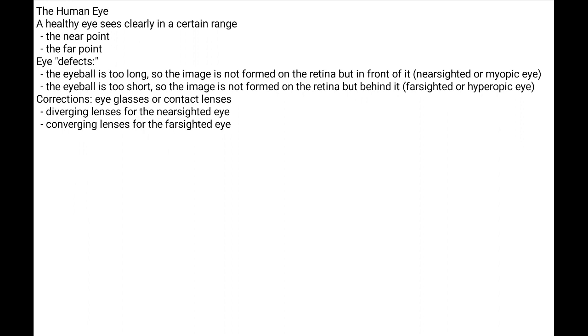Then the farsighted eye will need converging lenses. So here we have the healthy eye again, and the healthy eye sees from the near point to the far point. The farsighted eye sees far away but doesn't see close up, so it may see from here to here rather than closer.